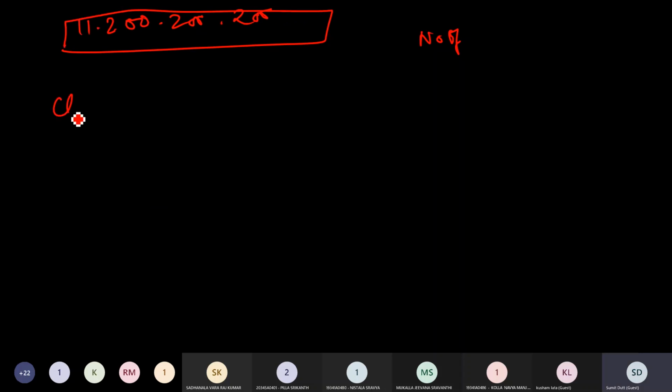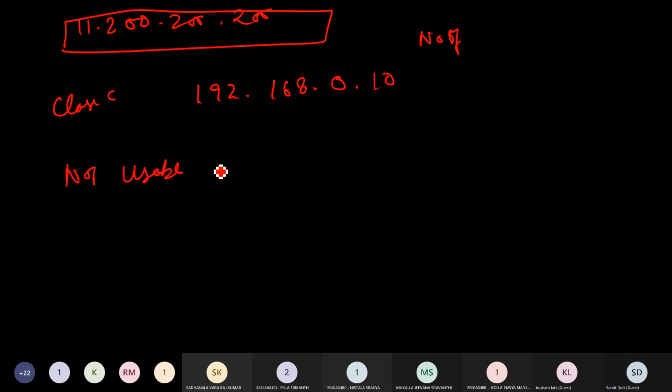Now I'm using a class C IP address, 192.168.0.10. Now tell me the number of usable hosts. Usable host means the IP addresses that I can assign to a host. So I'm explaining to you.